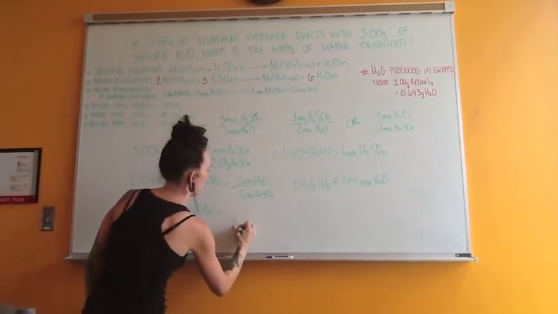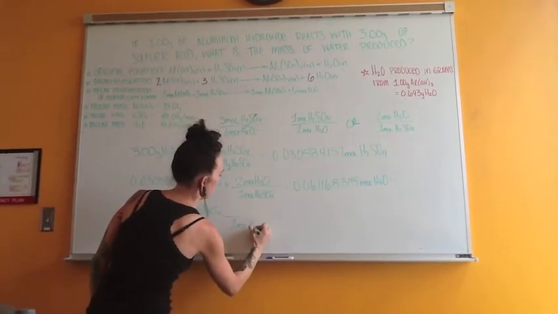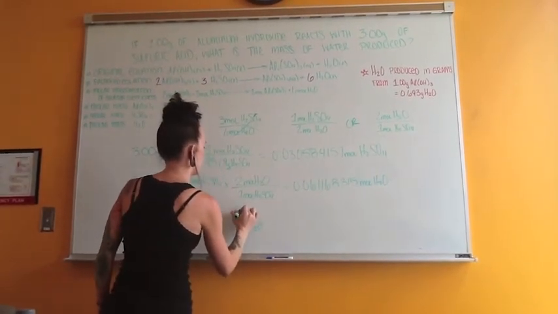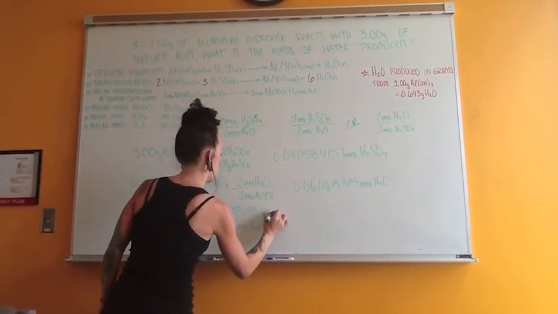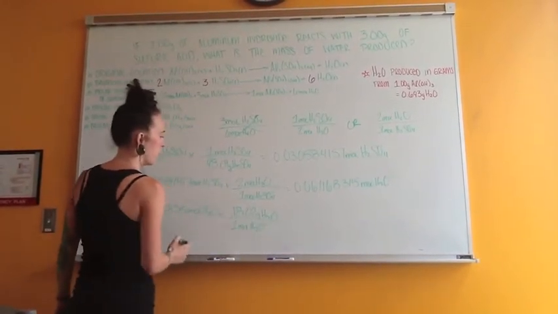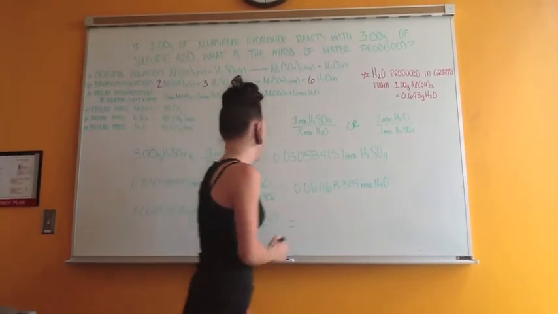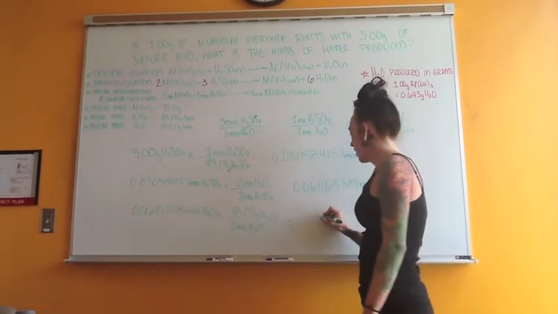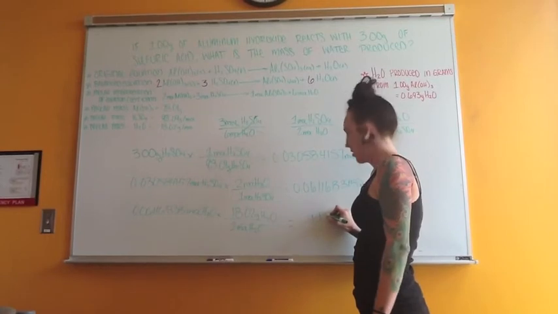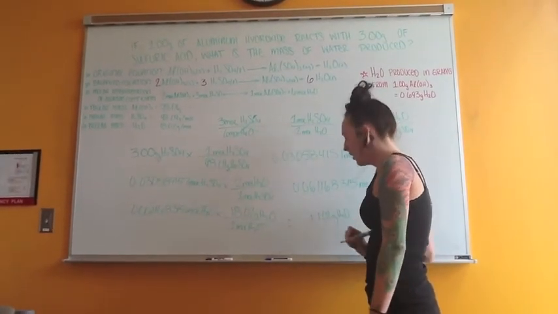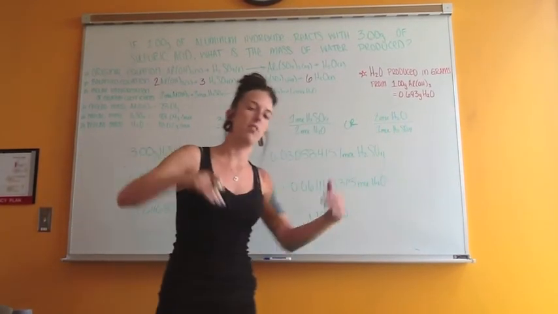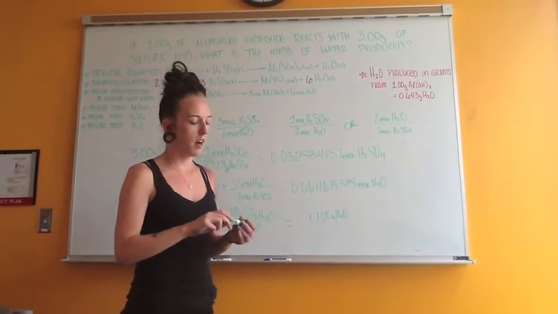So our 1 mole of water is 18.02 grams. Get rid of our moles because we don't want those. And multiply it across to give us the total of 1.102 grams of water.